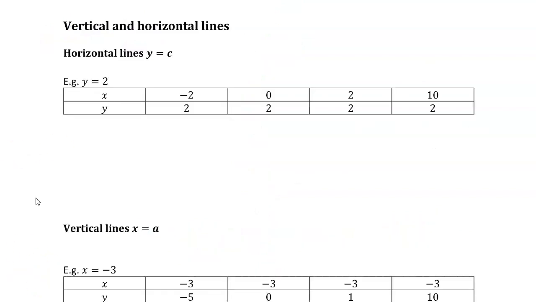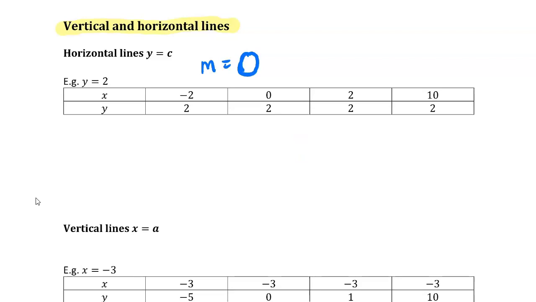So vertical and horizontal lines. So as you might remember from what we were doing before, when we have a horizontal line, that slope is 0. Also, it only has one axis intercept, the same with vertical lines. So if you did a table of values of your horizontal line, say for example if y equals 2, it doesn't matter what the value of x is, y will always be equal to 2.